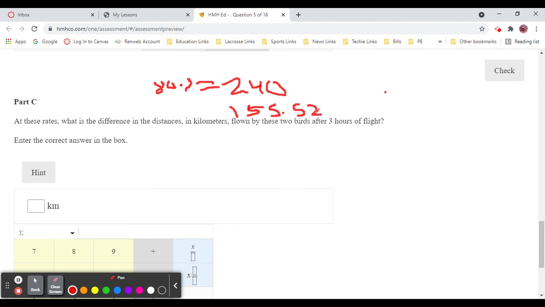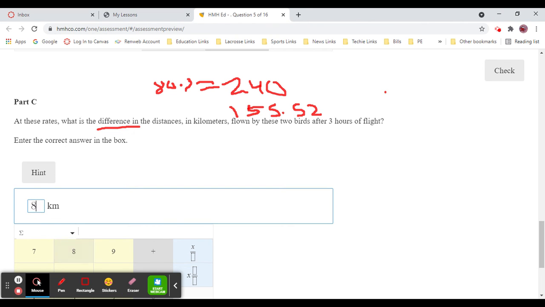Now I simply need to subtract them because I want to find the difference in distance. So 240 minus 155.52 gives me my answer, 84.48. That was a pretty long problem. 84.48.